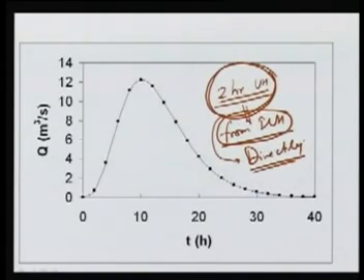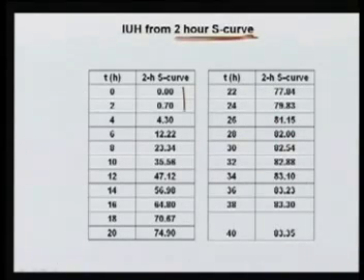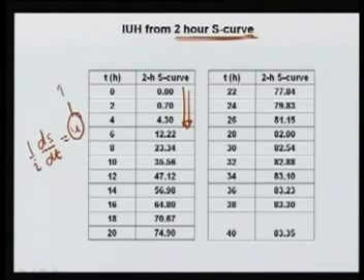So suppose directly we know the 2-hour UH. Based on the 2-hour unit hydrograph, we can obtain the 2-hour S curve. So those values are shown here, and as we have seen, the relationship between the ordinate of the IUH and the S curve ordinate.